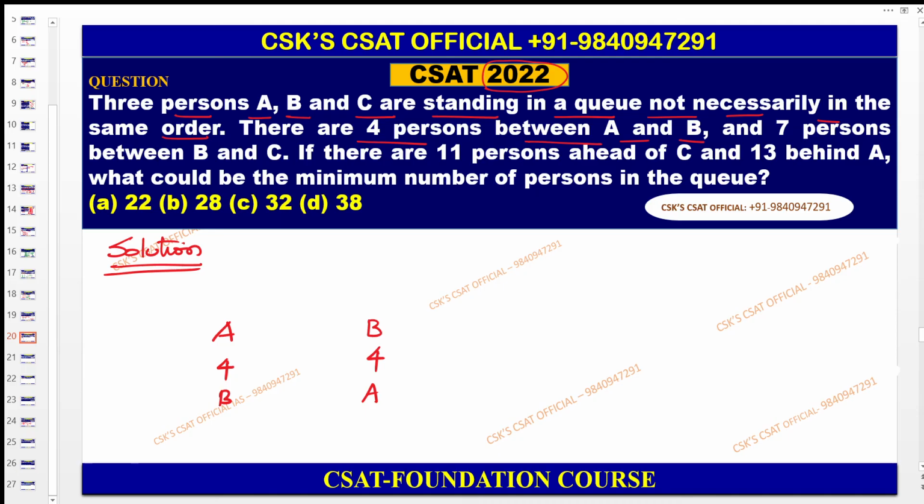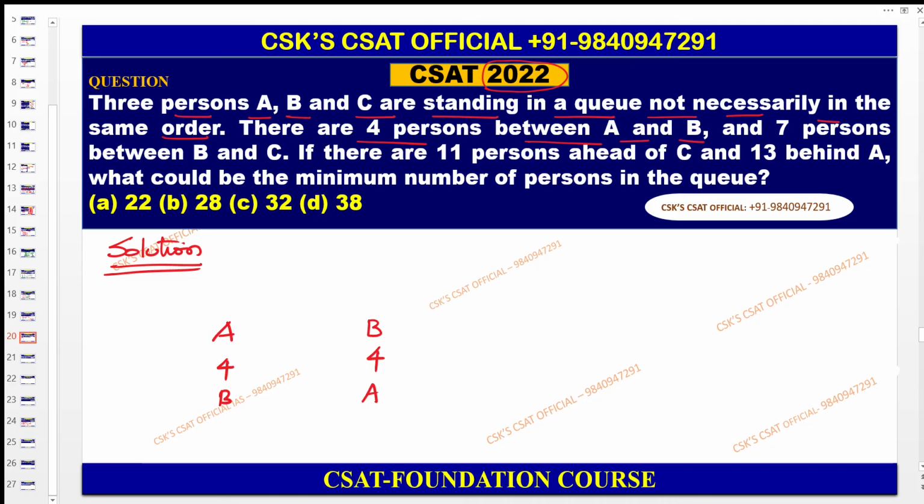Next, 7 persons between B and C. So if you are using the first one, what will happen here? Okay, if you are using the second one, what will happen here?